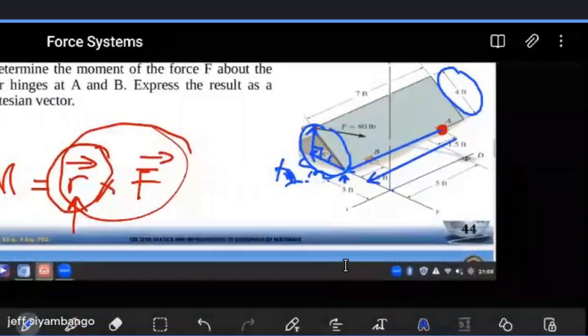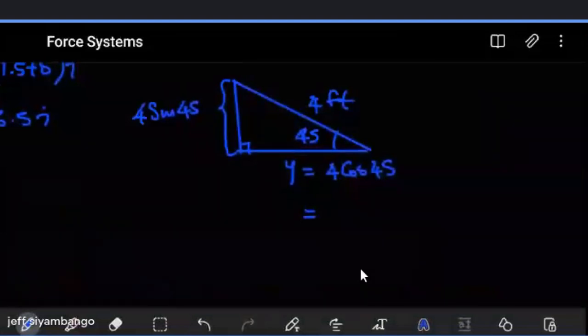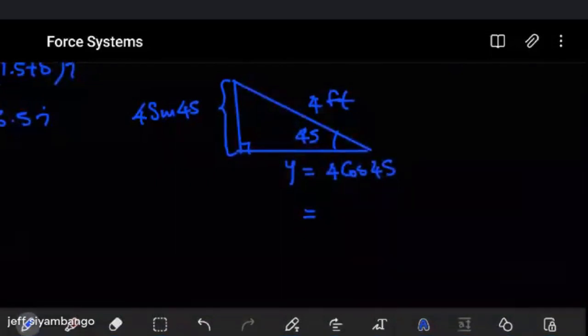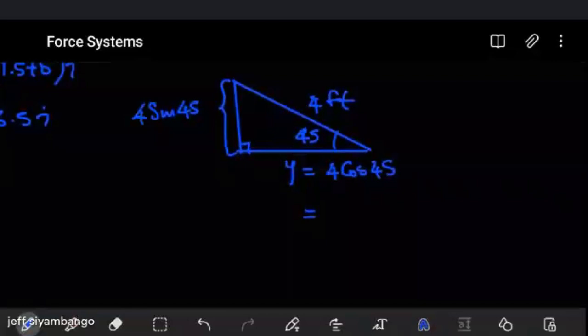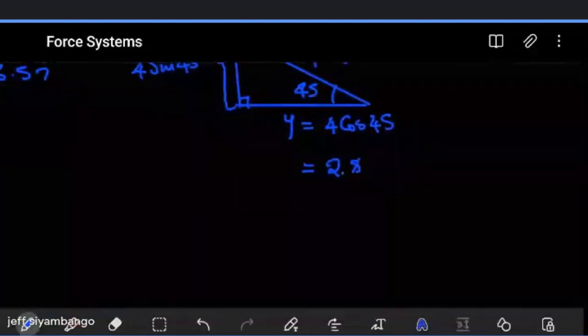Okay, so can someone just evaluate what 4 cos 45 will give us? It's what? 2.8. So this is giving us 2.83?